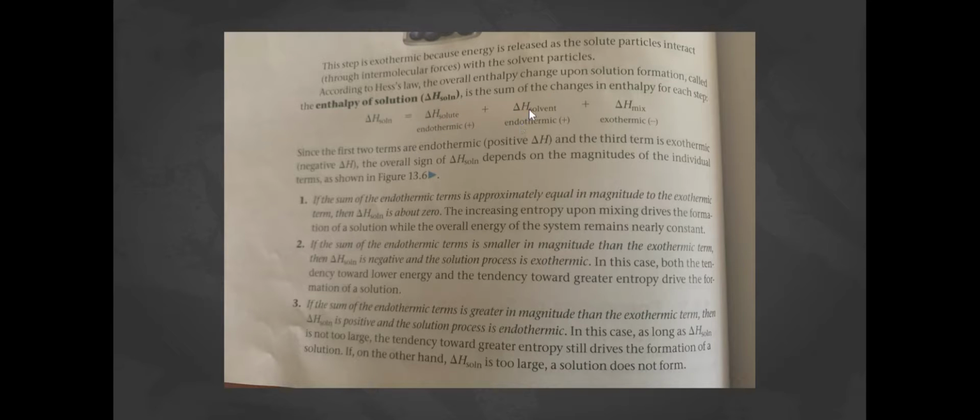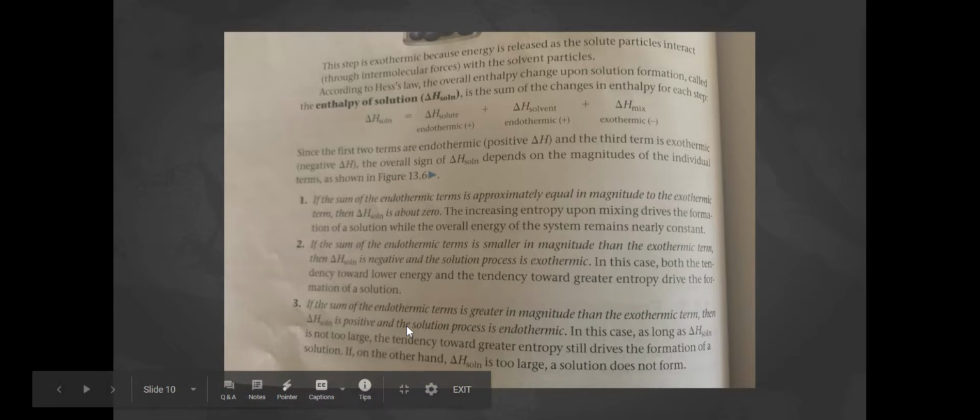Enthalpy of solvent, change in enthalpy of solvent, is the solvent being separated, so that's endothermic. And the enthalpy of mixing was exothermic. It's going to give off heat. Okay, so we have 2 endothermic processes because we are breaking bonds, and 1 exothermic process because we are making new bonds.